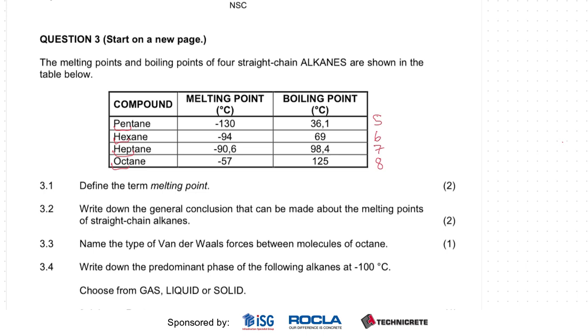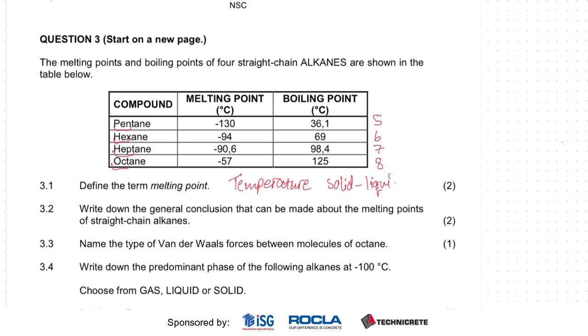So the key words in this answer to get the full marks: you need to talk about temperature. Okay, melting point is a temperature. And of course it's the change from solid to liquid, so you have to mention the 2 phases.